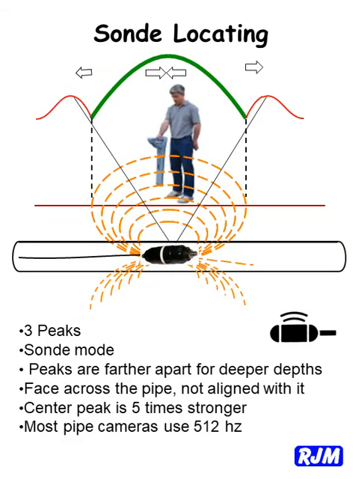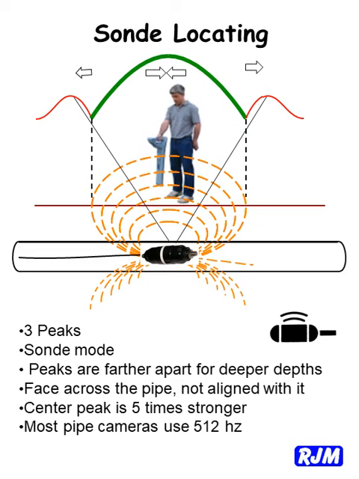A sonde creates a strong peak directly above the sonde when horizontal that's 5 times stronger than the other peaks. Find at least 2 peaks to confirm which peak is the center. In peak and null mode, the left and right arrows will indicate the center peak.